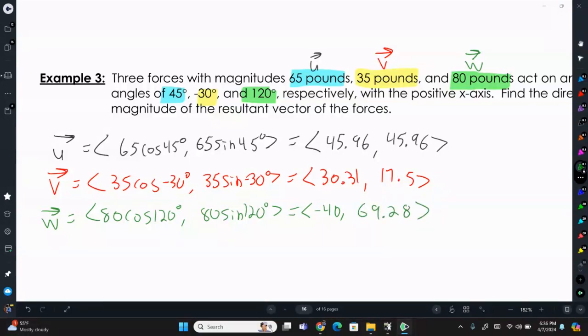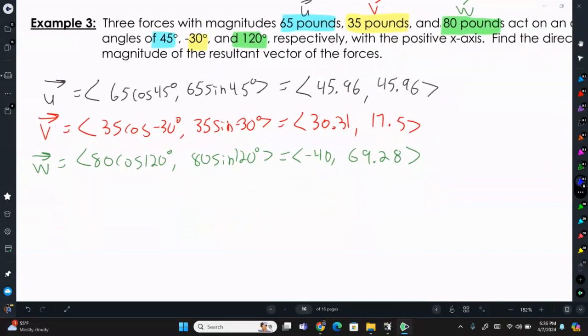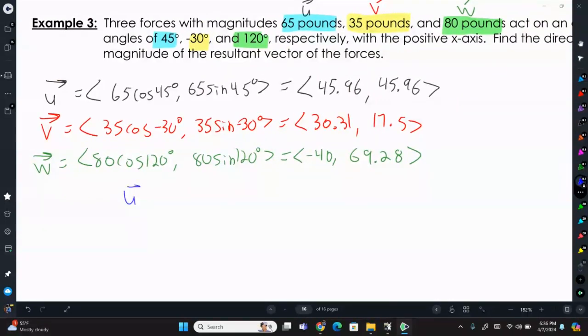So now we're going to add all of this up. So the vector u plus v plus w, if we add up 45.96 plus 30.31 plus negative 40, I get 36.27.